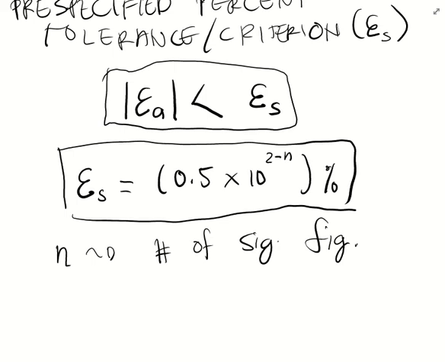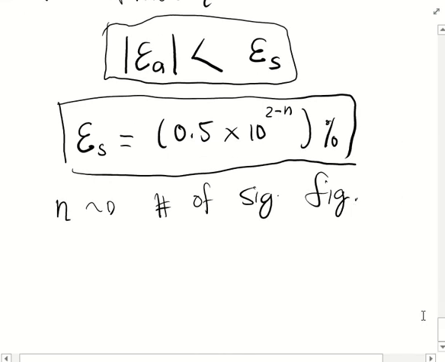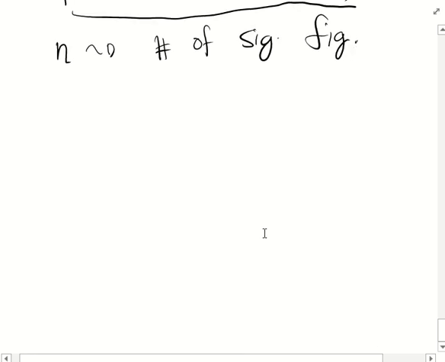So these are the different errors and stopping criterion. Now let's take another example.